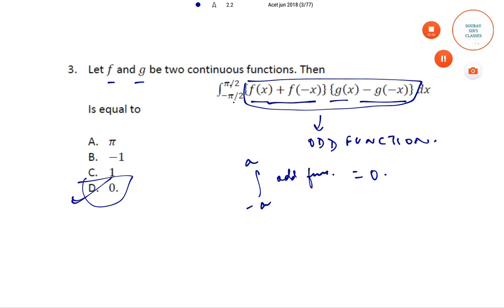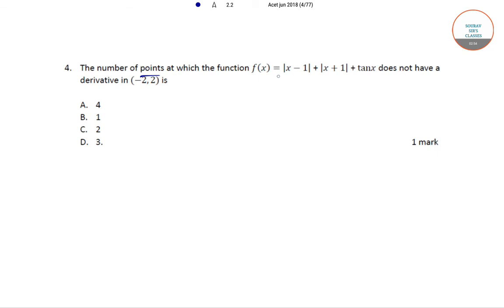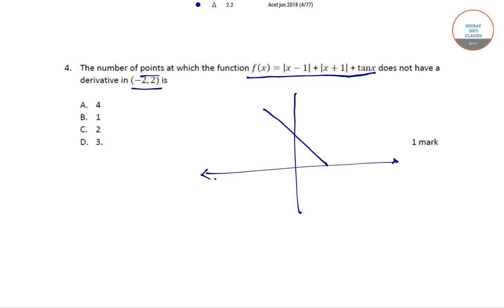The next question is, the number of points at which the function fx is equal to mod x minus 1 plus mod x plus 1 plus tan x does not have a derivative in minus 2 comma 2 is... So let us draw a graph and plot mod x minus 1. This is the graph of mod x minus 1.